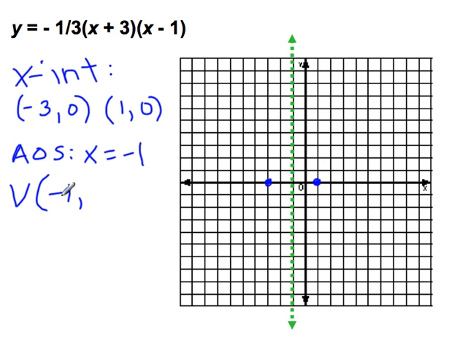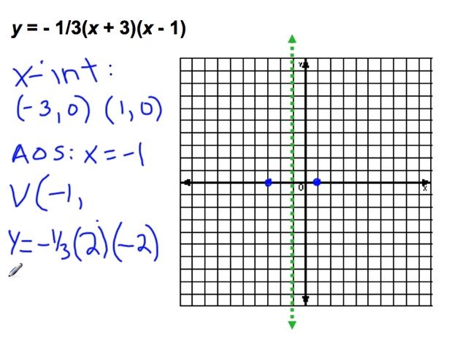So if x is -1, all I need to do is just go in and plug -1 into the equation. So I'm going to do that quick. So it'll be y equals -1/3 times, and I'm going to go ahead and do this, -1 plus 3 would be 2. Okay, I'm plugging in -1. And then -1 minus 1 would be -2.